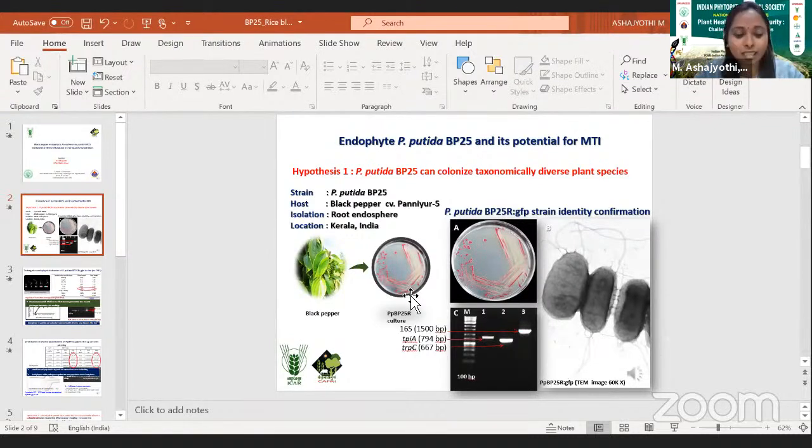My study is based on a novel endophytic bacterial strain, Pseudomonas putida BP25, which was originally isolated from black pepper cultivar Panniyur 5 as a root endophyte from Kerala way back in 2009. In previous studies, this isolate is known to produce biocidal volatile compounds against major plant pathogenic species.